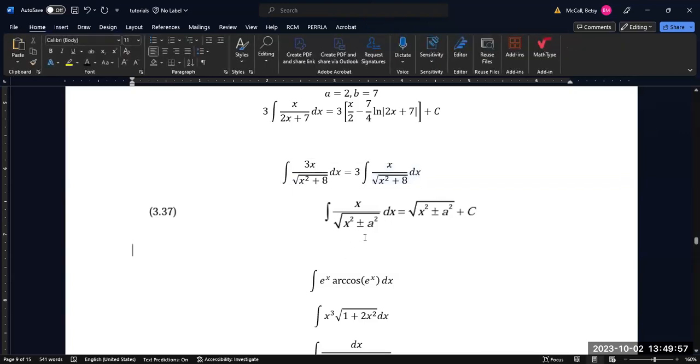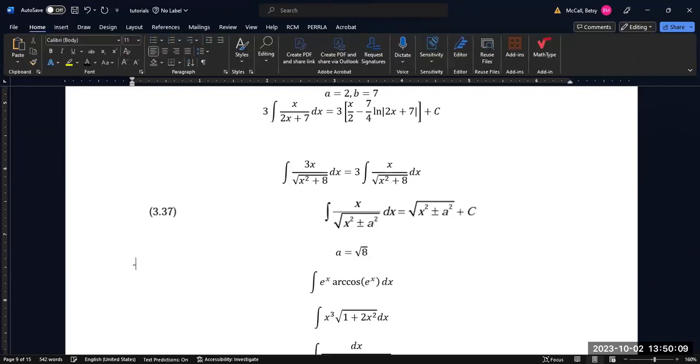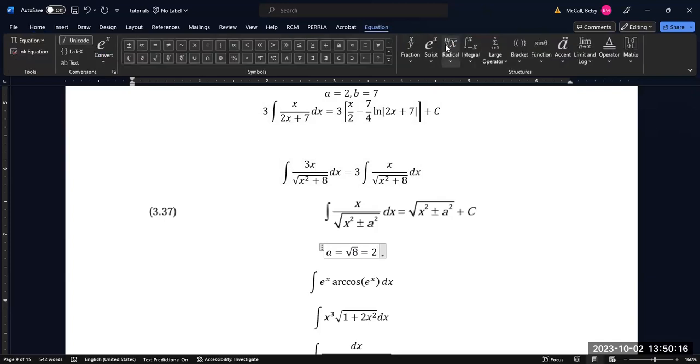The tricky thing about this one is that our a is going to be the square root of 8, or 2 radical 2. Because this formula is x squared plus a squared, and we have x squared plus 8. So a is the square root of 8.